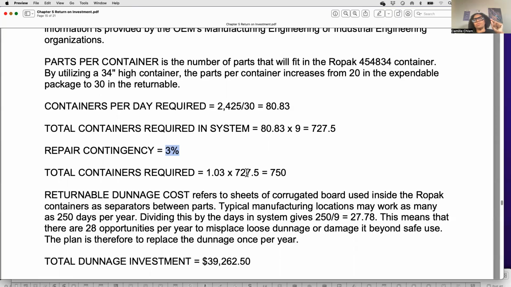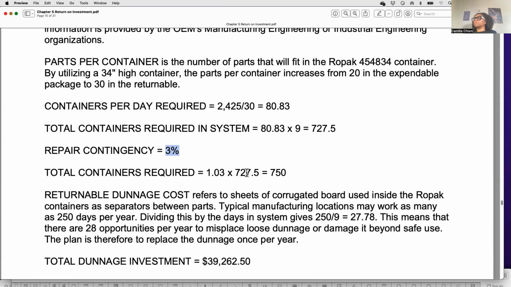Subtracting 52 times 2, which is 104, puts you at about 314. I did that in my head, so it's probably not right. Then you take out holidays and shutdowns, and you're basically at 250 days out of the year.